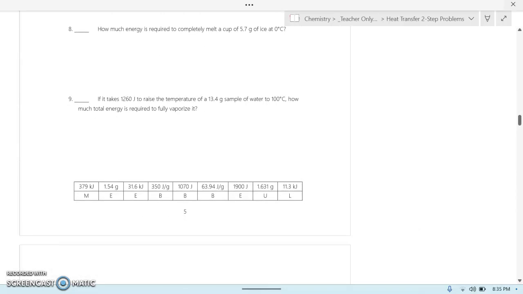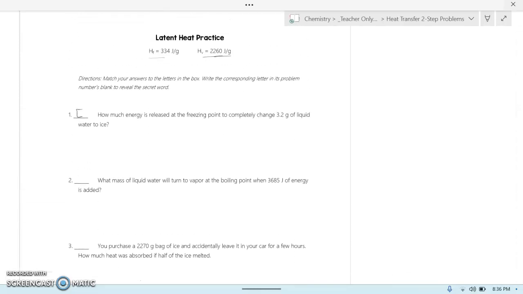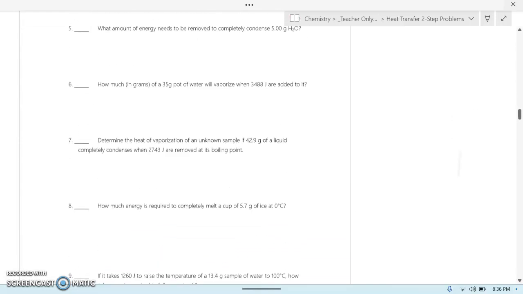If your answer for number 1 was 1900 joules, you'd write E in the blank for number 1. I don't think that's the correct answer for number 1, but just for the sake of explanation, whatever your answer is, match it and write it in this blank, and then you'll have a word that's spelled out from 1 to 9.